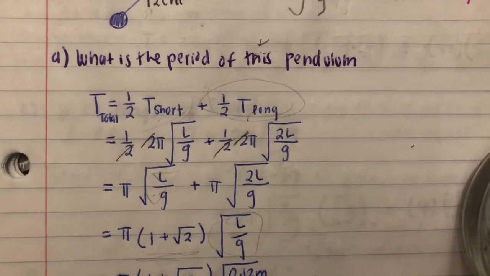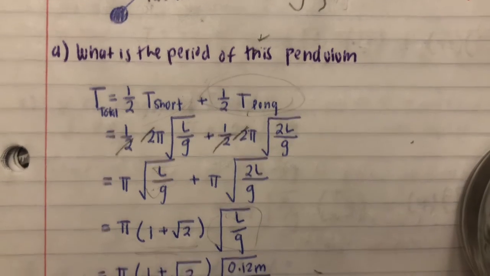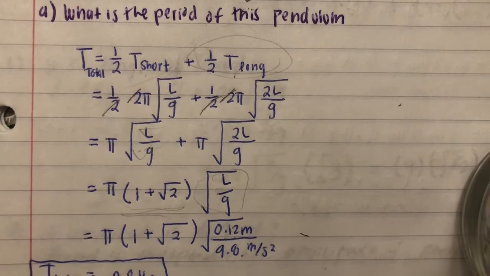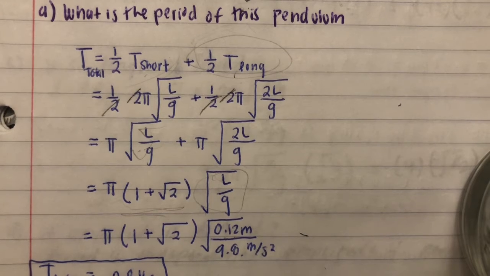take some stuff out. So right here, I just took out the square root of L, the length, over the gravitational constant. Then I plug in my values, which I converted from centimeters to meters, and our gravitational constant, which is 9.8 meters per second squared.